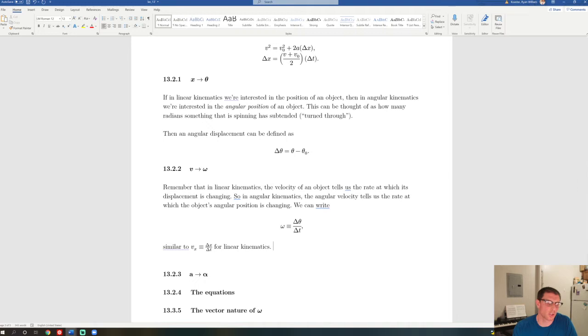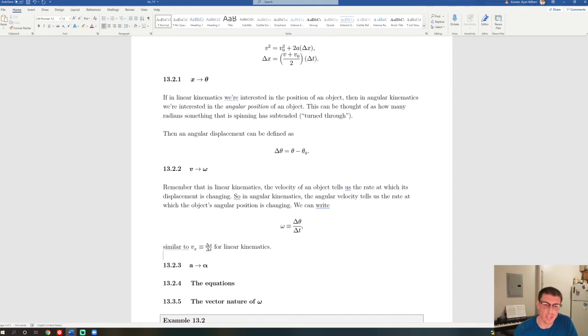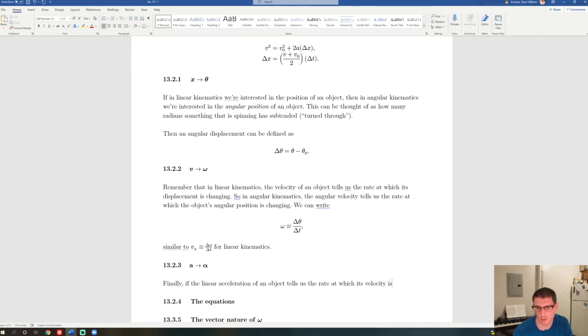Okay, so I think you probably are starting to get the idea here, and we're just going to do one more of these, and we're going to talk about the angular acceleration. And so let me say, finally, if the linear acceleration of an object tells us the rate at which its velocity is changing, then the angular acceleration tells us the rate at which an object's angular velocity is changing.